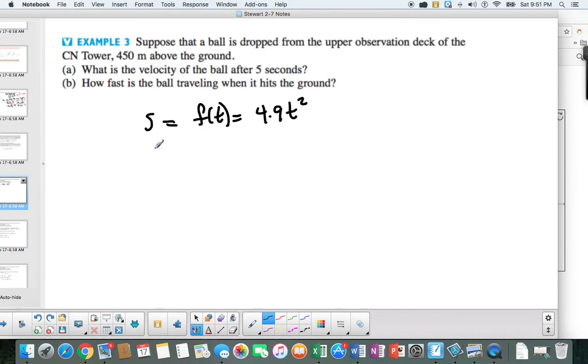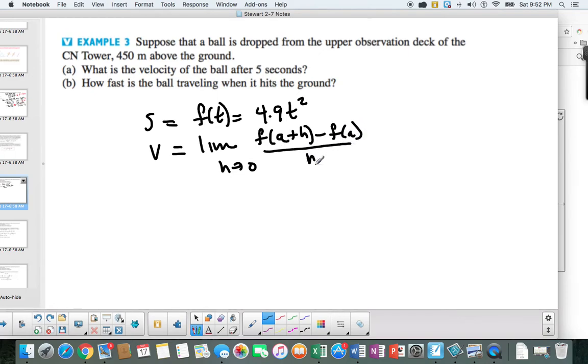So the velocity will be equal to the limit as h approaches 0 of f of, and we're doing it at 5 seconds, but instead of using 5, we're going to use an a, where a stands for, in this case it'll be 5, but we want to use a more general equation, f of a plus h minus f of a all over h.